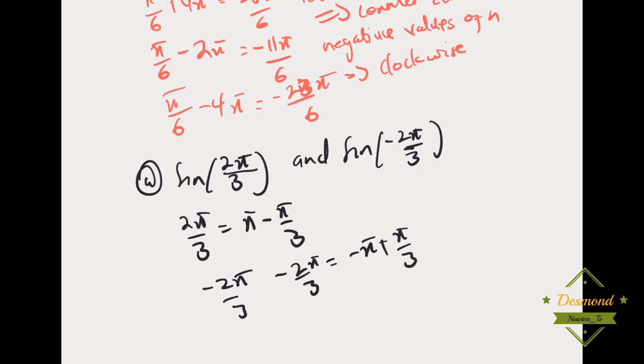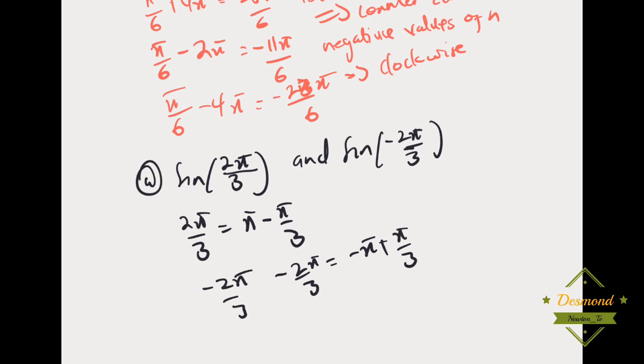So this angle can be found by rotating down, because this is negative, π/3 from the negative x-axis, which means that the line for negative 2π/3 will be a mirror image of the line for π/3, only in the third quadrant, and the coordinate will be the same as the coordinate for π/3, except both will be negative.